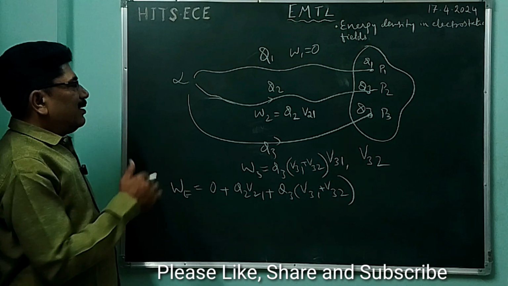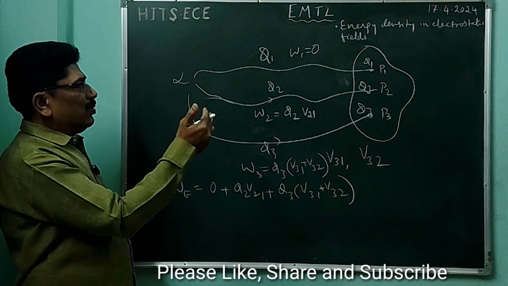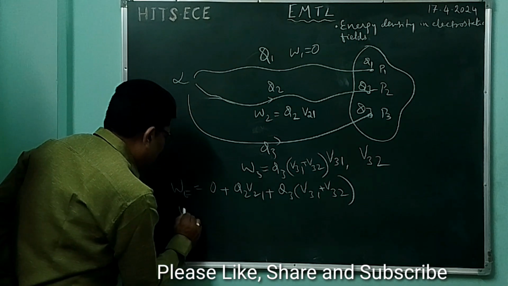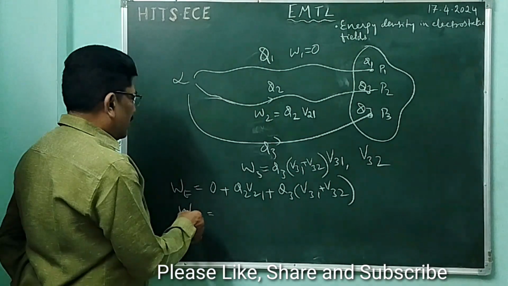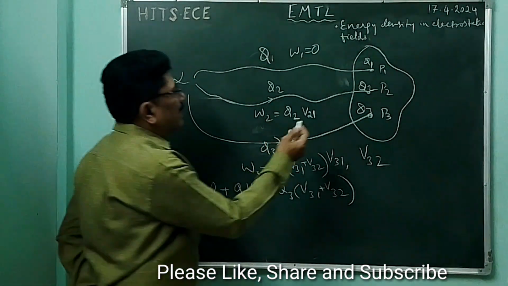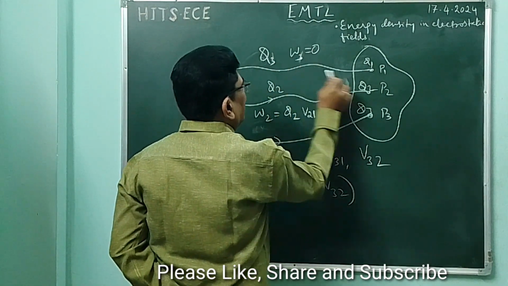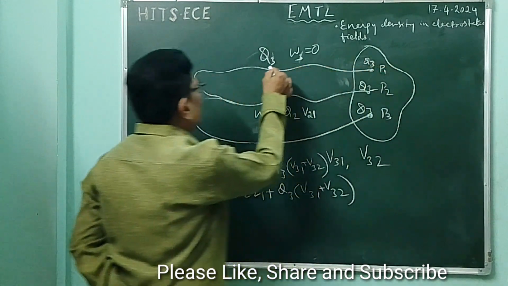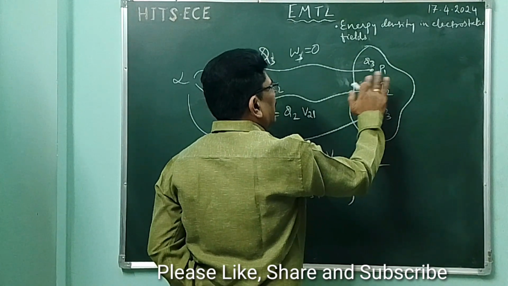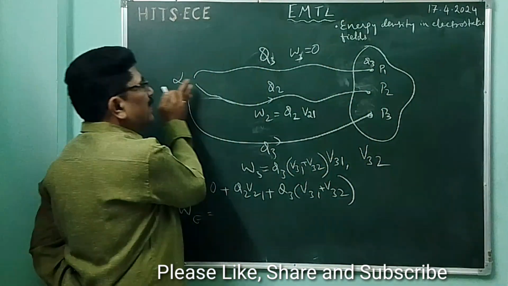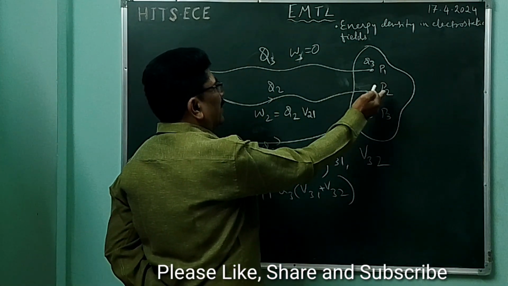If we move the charges in reverse order, that means first Q3, then Q2 and then Q1, let us see what the total work will be. W3 will be 0 because initially the space is empty, so we can easily move Q3 from infinity to its position.